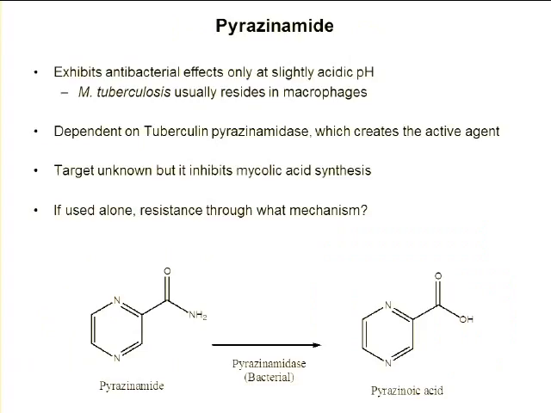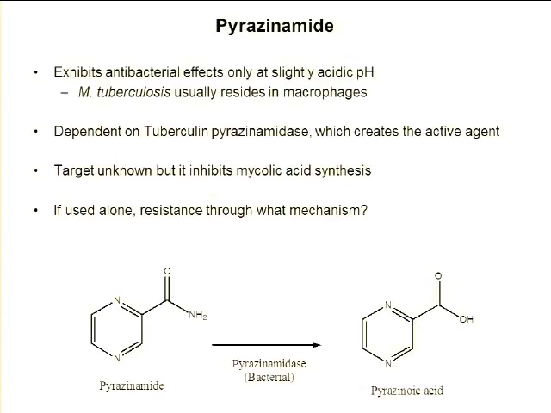So this drug is pretty selective for those macrophage-residing tuberculosis bugs. The pH of a macrophage is on the order of 5.5 or so, 5.5, 6, slightly acidic.